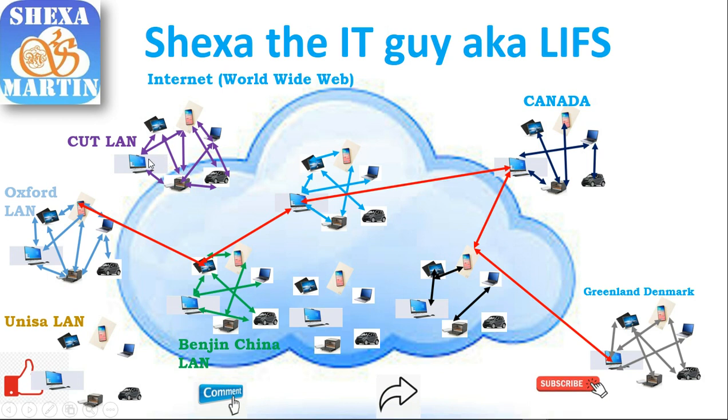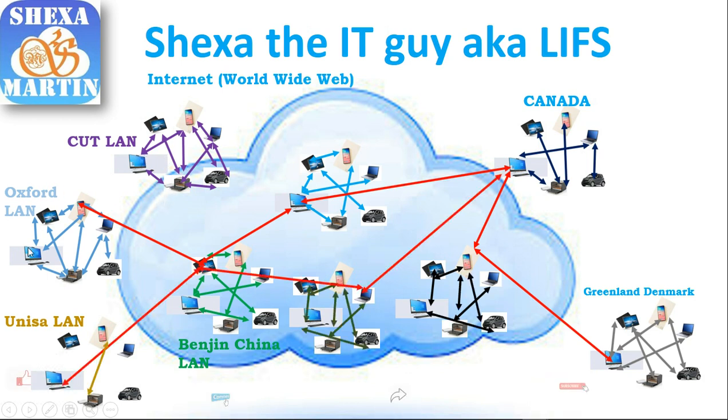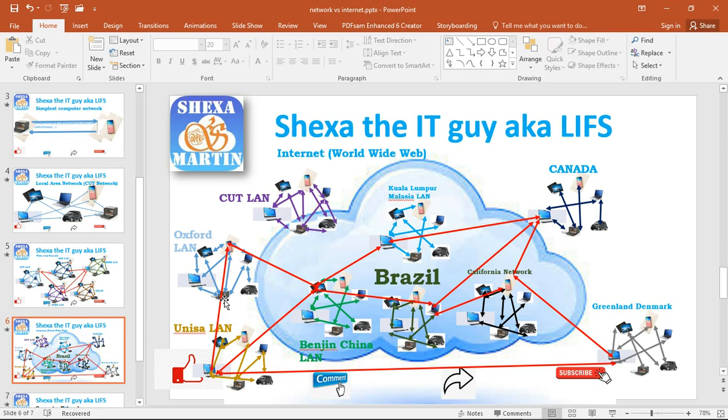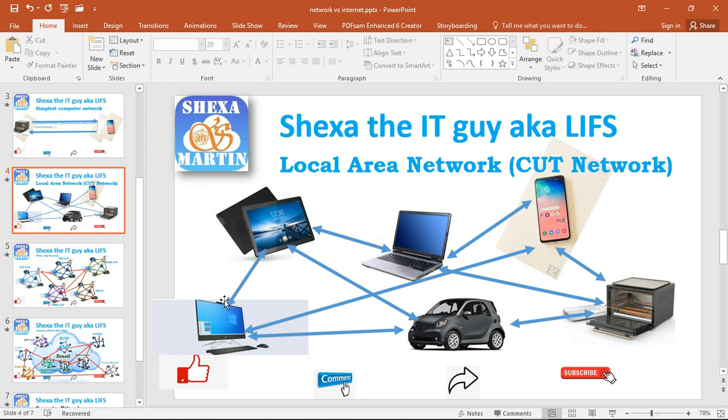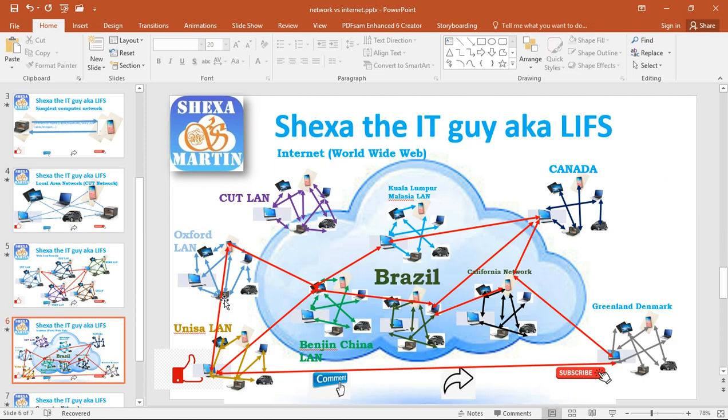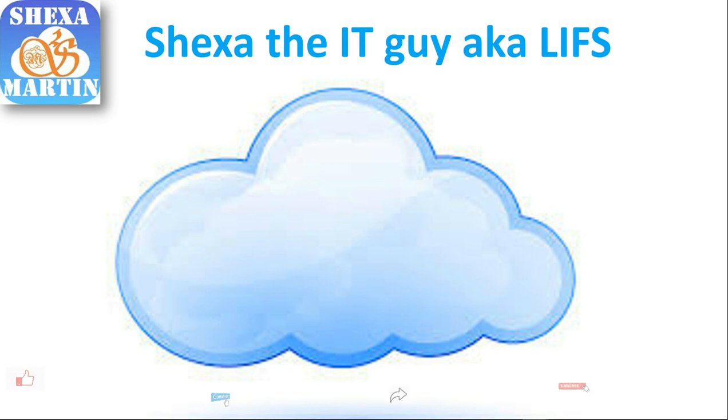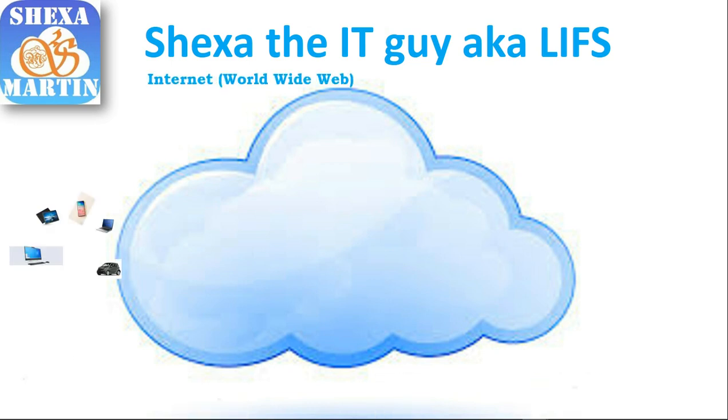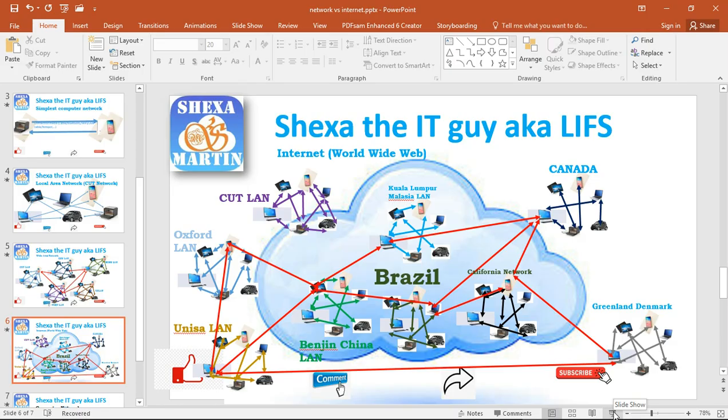So we may access the website, but you cannot access other sources of information which are available on the internet. You see, so that's the network and the internet.